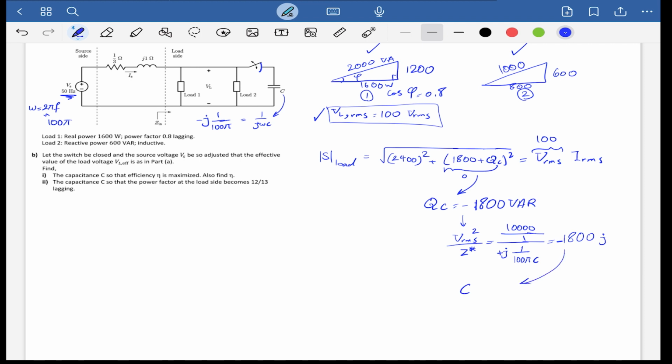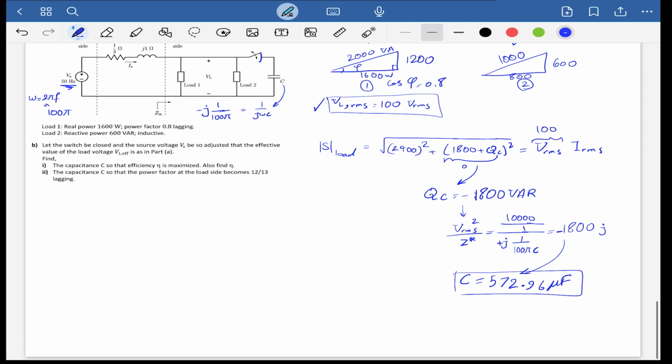From here, if we calculate C, we'll get 572.96 microfarads. So we found it.